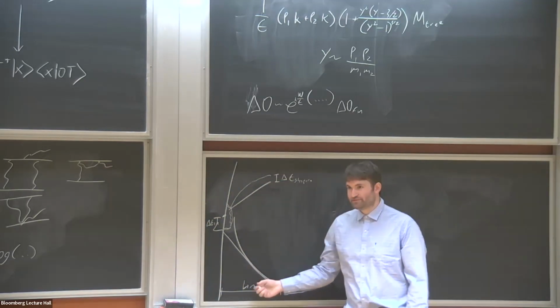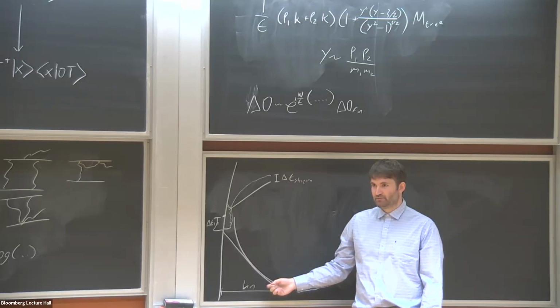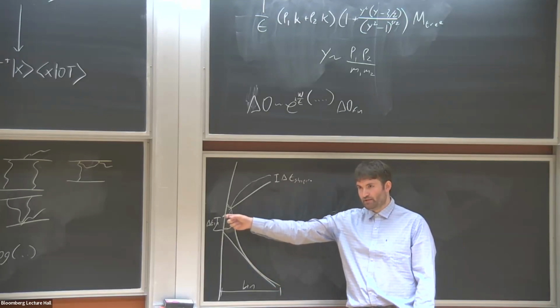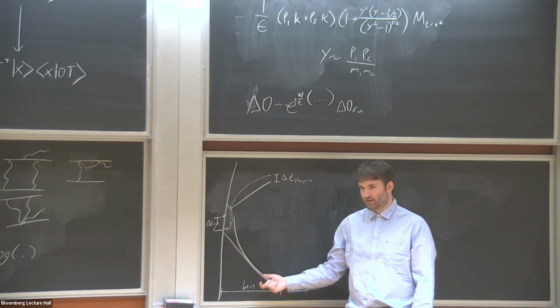Basically, if I do a scattering event at fixed impact parameter, there will be a delay in when the event actually happens due to the fact that the black holes are interacting with each other. And you can derive this from a probe approximation.